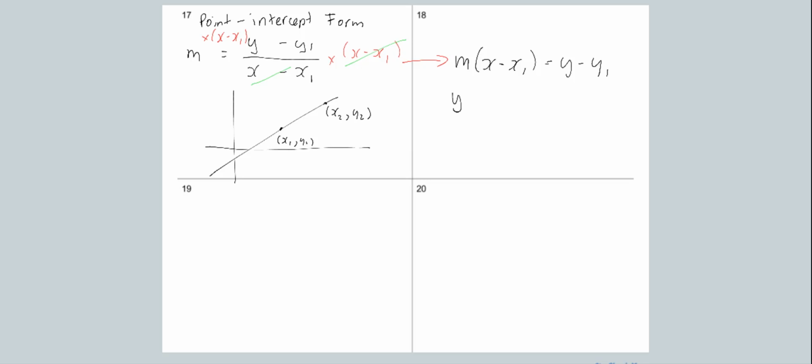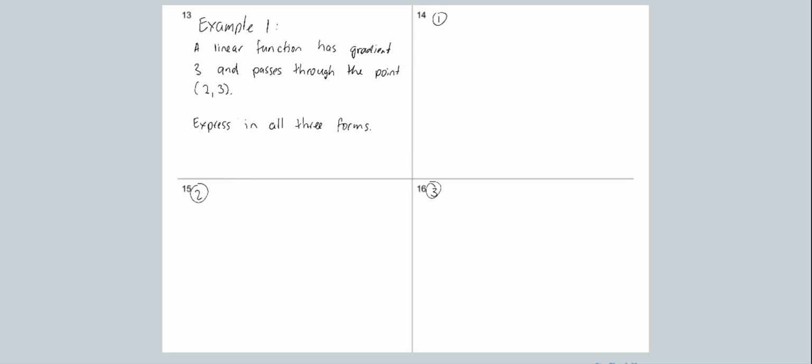And then if I reverse, I get that form. Okay, so it literally comes from the gradient formula, that particular form, and by treating one point as a sliding point that can go up and down the line. Any questions on that? Okay, let's get into it.